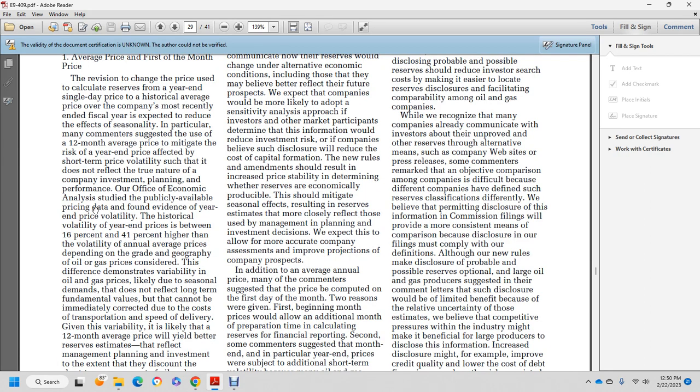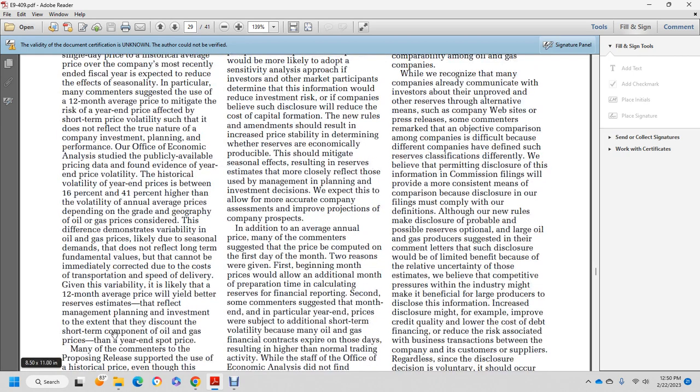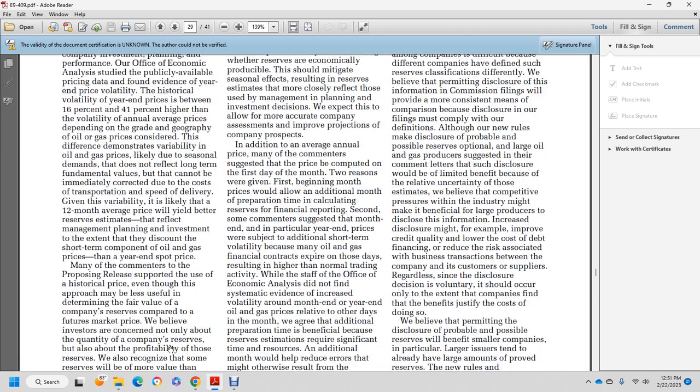The difference cannot be immediately corrected due to the cost and speed of transportation and delivery. Given the variability, the 12-month average price will likely yield better reserve estimates that reflect management's investment planning, to the extent that they discount short-term components of the oil and gas price from year-end spot prices.